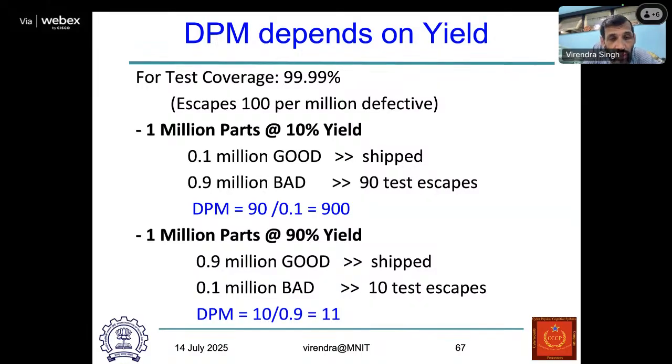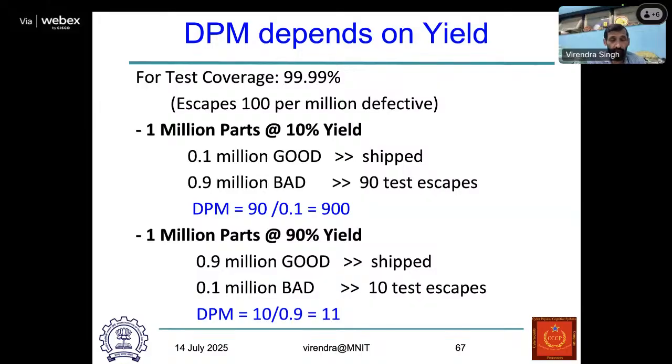On the contrary, if my yield is 90%, then out of my 1 million manufactured parts, 9 lakh chips are good and 1 lakh chips are bad. The 9 lakh good chips we are shipping, but from the 1 lakh bad parts, because of 99.99% coverage, we get 10 chips which can escape this process, and therefore I am shipping 9 lakh plus 10 chips.